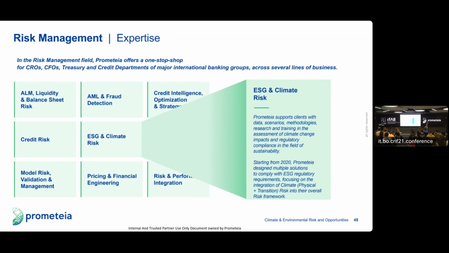Because consider that you are a bank that provides credit to some industries or some small and medium enterprises: then the physical risk of those small and medium enterprises is actually your own risk as a bank. Consider, as Professor Rabier was saying before, the flood of Emilia-Romagna.